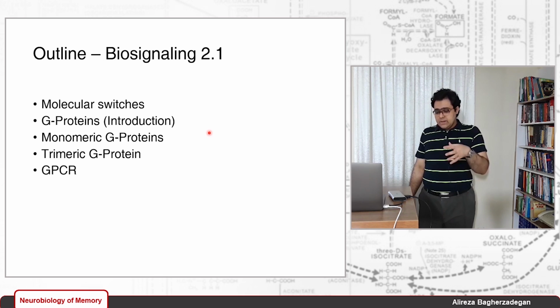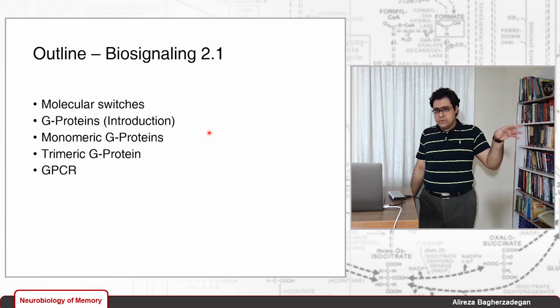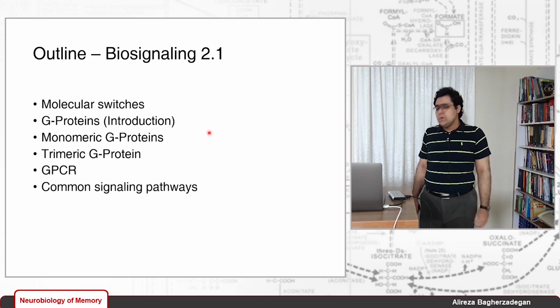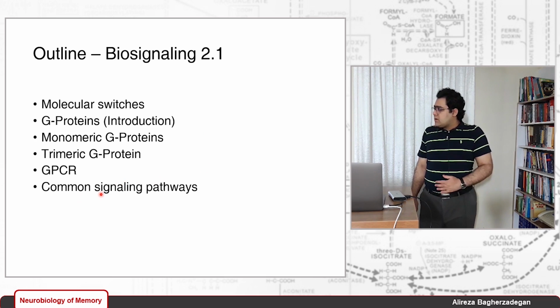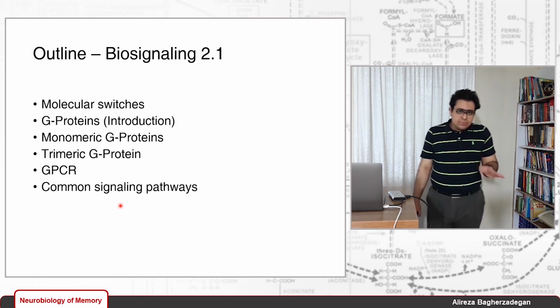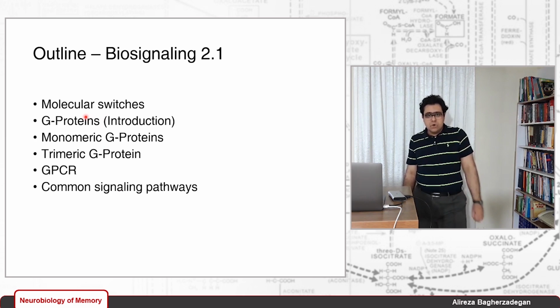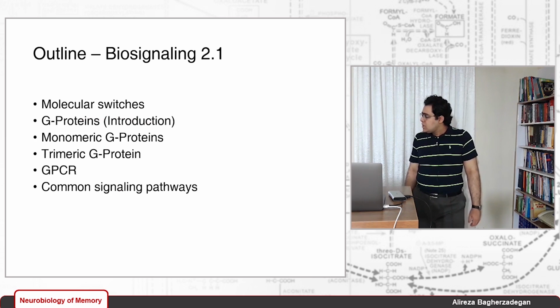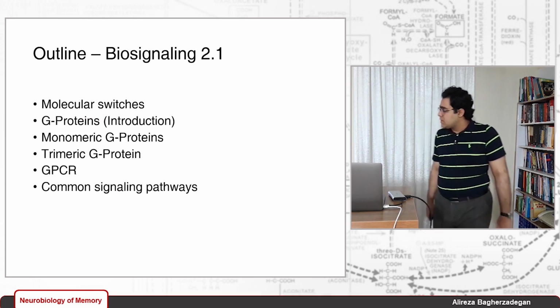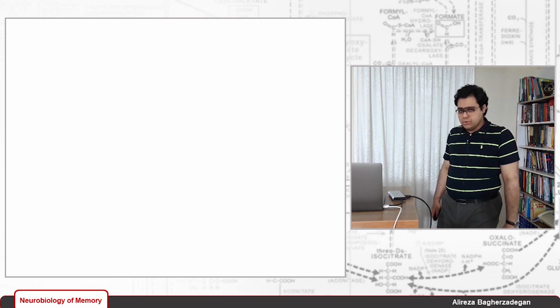Although I talked a little bit about the G protein coupled receptors at the end of Biosignaling 1.1, in which I talked about the different types of receptors, we're going to elaborate on that more. And then we're going to talk about some common signal transduction pathways in which G proteins have a key role. So this is the general outline of Biosignaling 2.1.